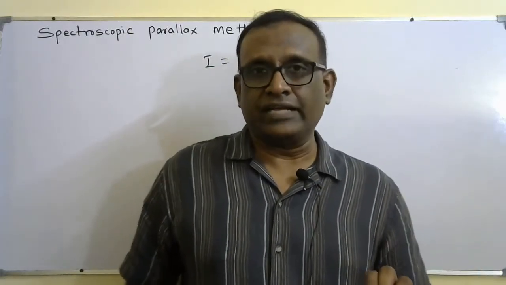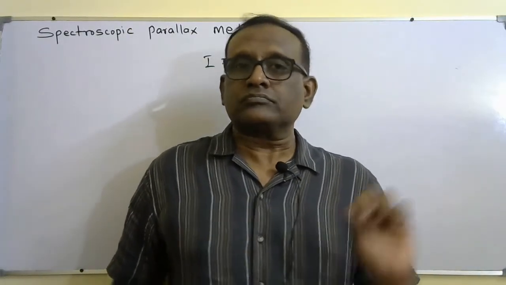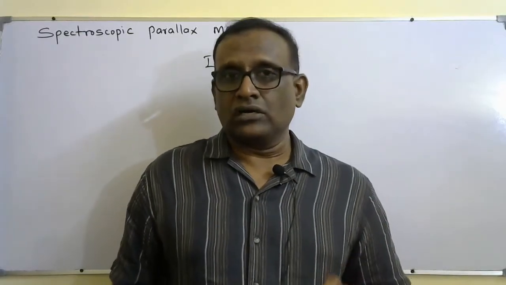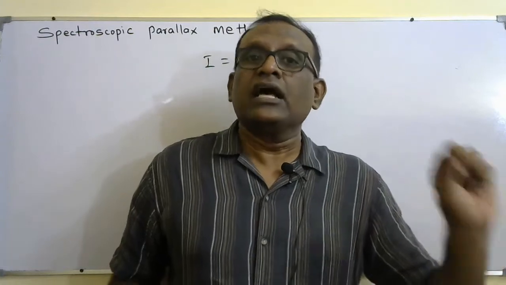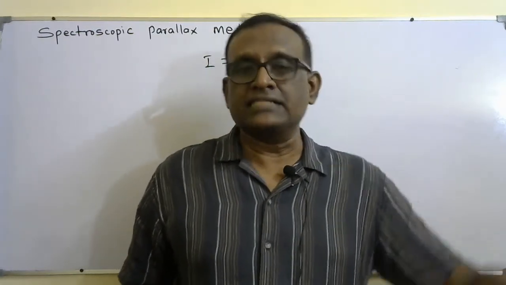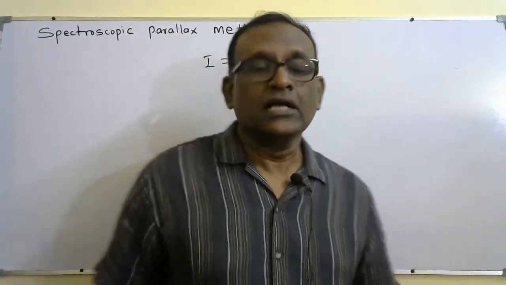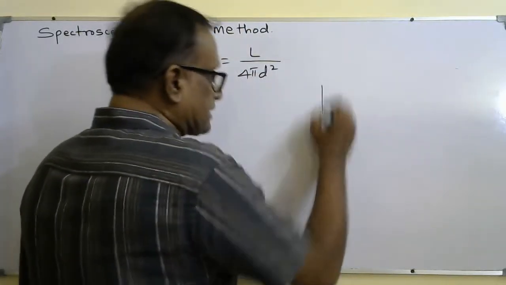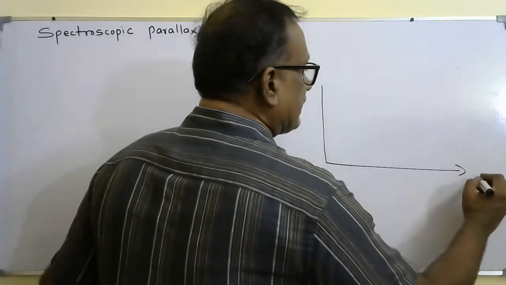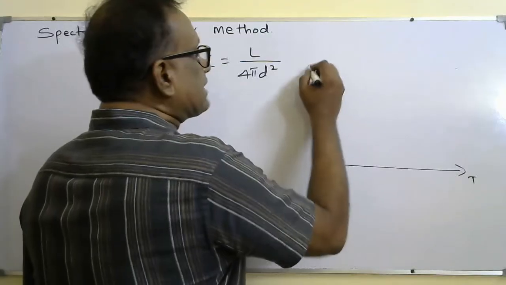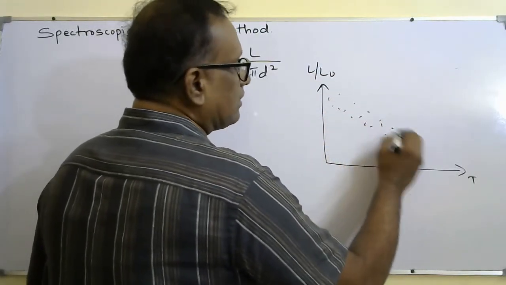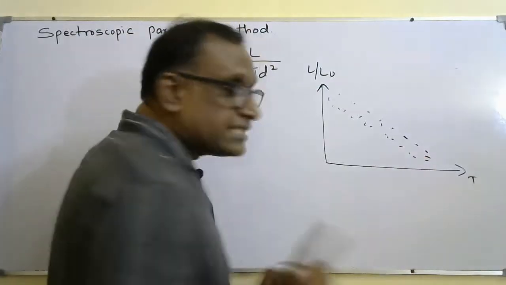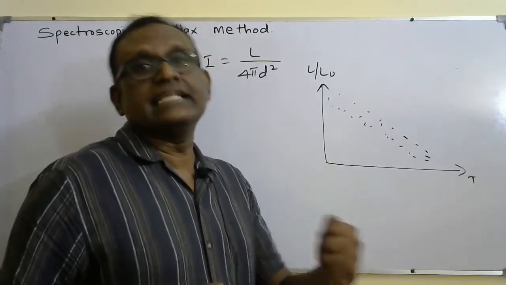After finding the wavelength, use Wien's law and find the temperature that corresponds to the wavelength with highest luminosity. Then use the Hertzsprung Russell diagram. So in the Hertzsprung Russell diagram, this is the temperature, this is the relative luminosity. So this is the main sequence star. So we assume the star is in the main sequence.